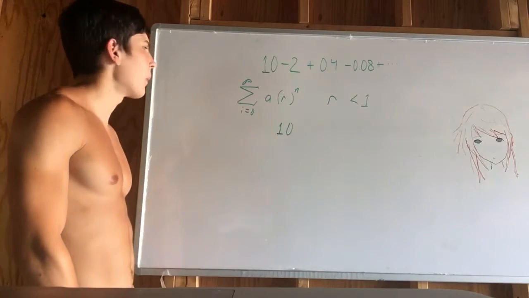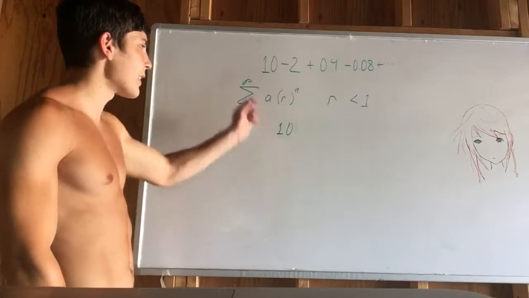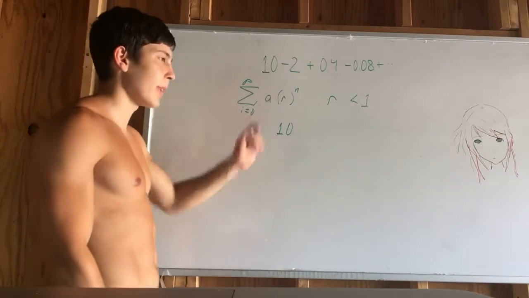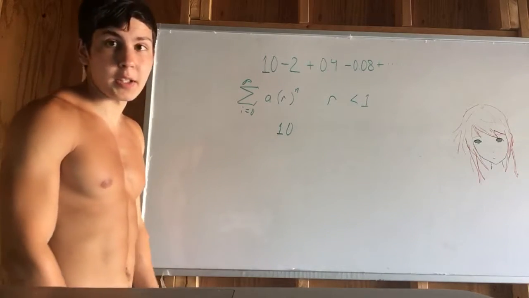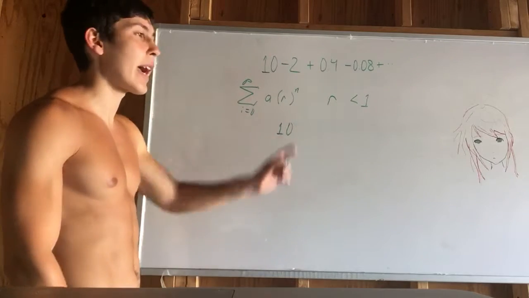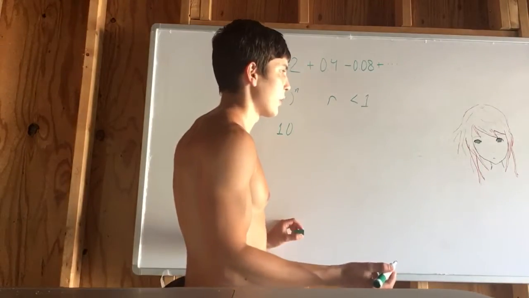And so our question here is, what are these values? Because once we know what the formula is, we know what it can converge to if r happens to be less than 1. How do we know what it converges to?